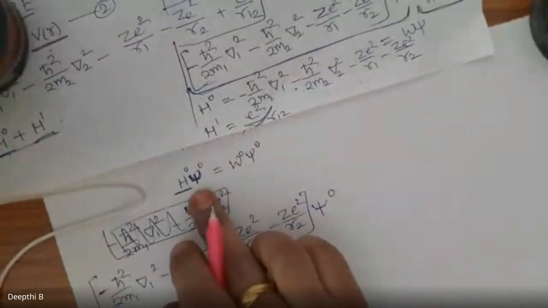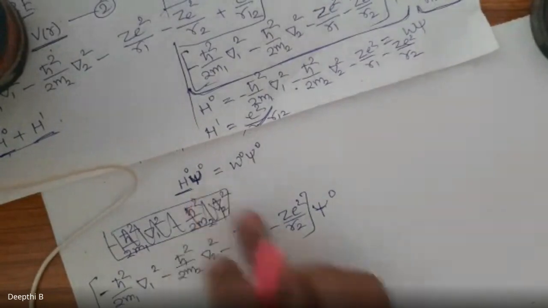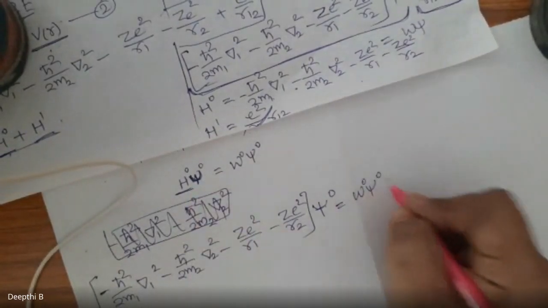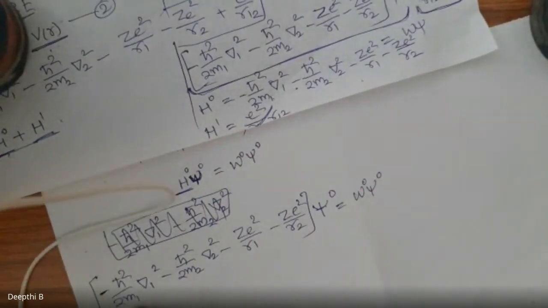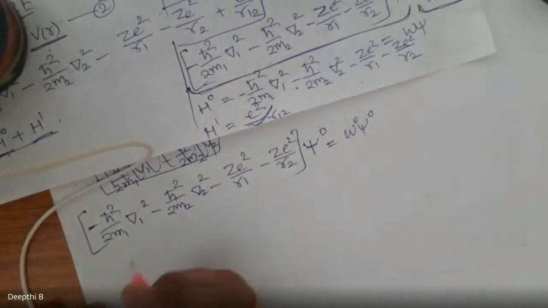Is there psi naught, no? So I put the H value, then H psi naught is equal to W naught psi naught. Now for electron 1 we are separating the terms, and for electron 2 we will separate the terms.